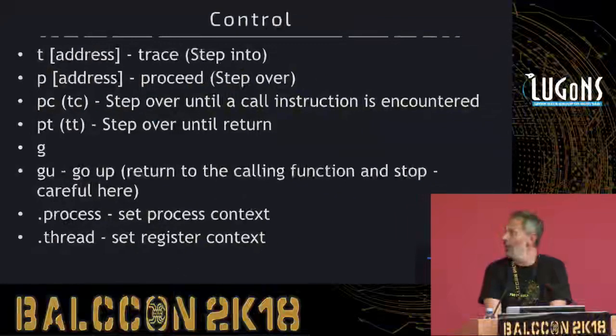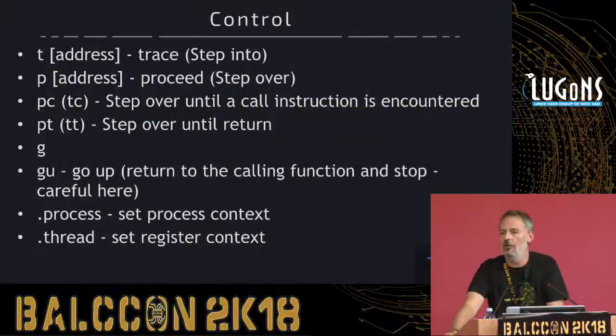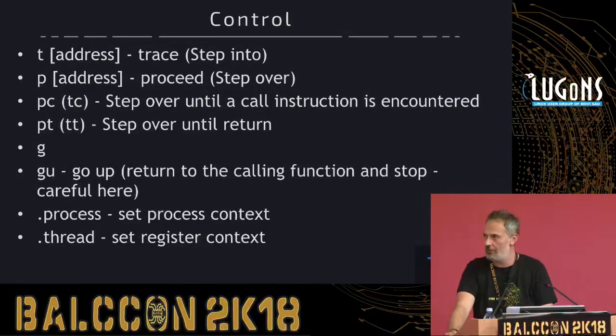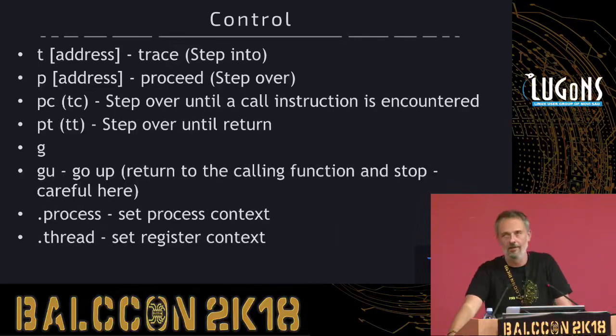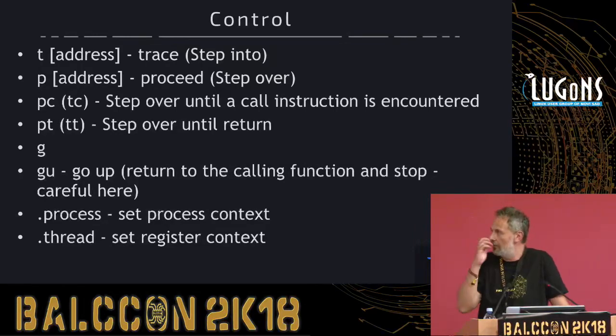G is go up, a go until return, but you have to be careful here because not all functions end up with a return. Only when you hit a return instruction do you go up to the calling function, but of course functions can return by push or indirectly jump somewhere else. So some functions will never return.